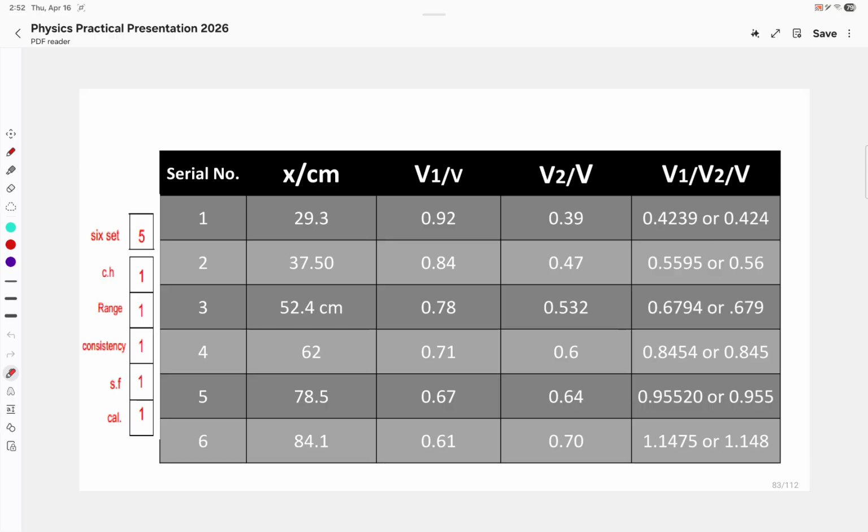Now let's find out some mistakes here. I probably get all 5 marks for the 6 sets, but I won't get a mark for column heading. Reason, look at here. For voltage, and always remember, voltage is the only quantity where the quantity symbol and the unit symbol both are capital V. So voltage V, but I have used small v, and here I have used proper V. So I will lose a mark here, but I might have a mark here.